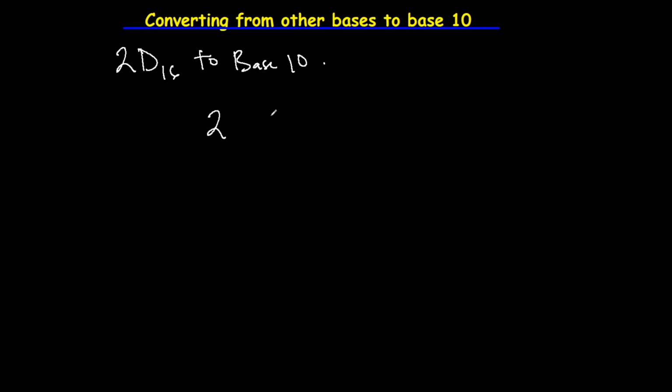So the first thing we do is we assign values. The D has the power of 0 and the 2 has the power of 1. This will be equal to D times 16 raised to the power 0, plus 2 times 16 raised to the power 1. And I know some of you will be asking what the D is meant to be doing where it is. Well, as I've said previously, base 16 also uses alphabets to represent numbers.